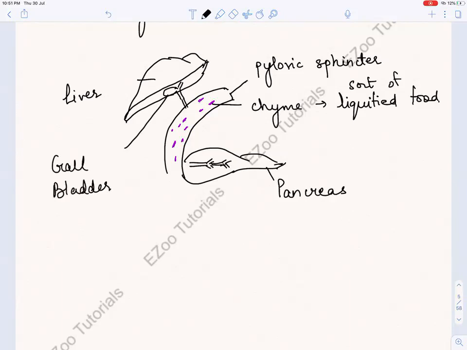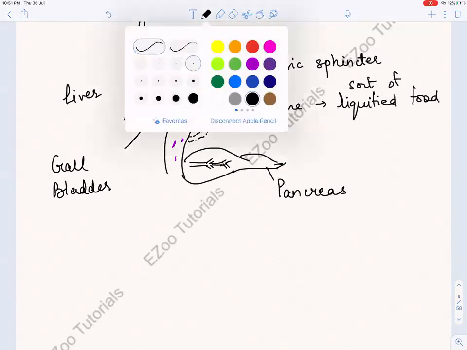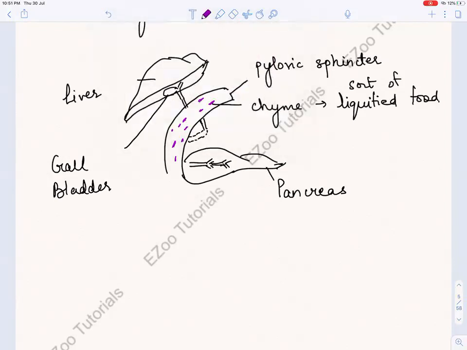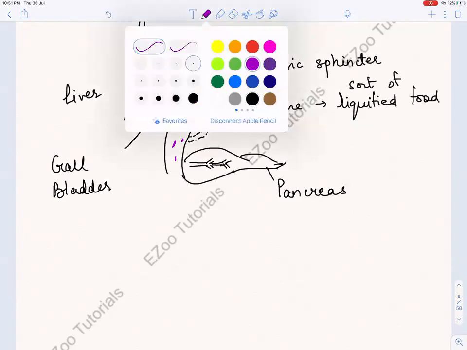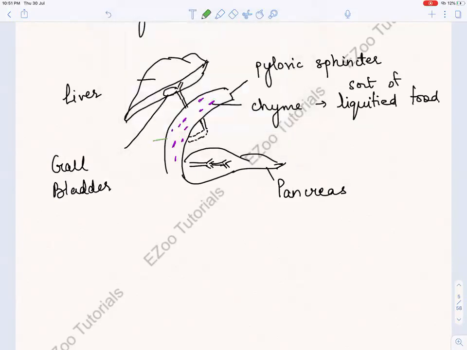This is the bile duct. So the bile is there, it is pouring bile in it. I should not use this color, I should use green. It is pouring bile in it. This is the bile duct, and this is the pancreas, and this is the pancreatic duct.